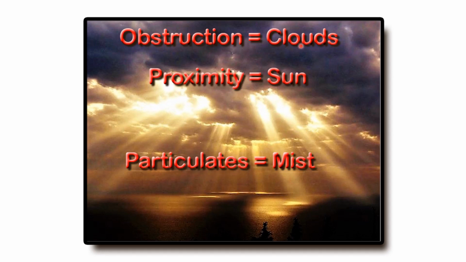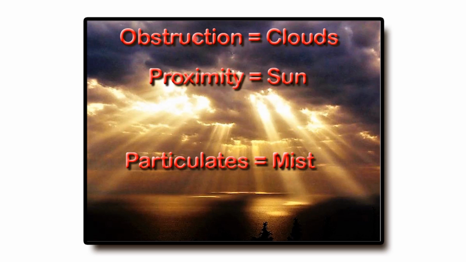So in this case, the obstruction will be clouds, the proximity would be the sun, and the particulates, in this case, we're going above water here, would be mist, all right, or fog, could be that too. Also, just to let you know, crepuscular rays do not only happen with stellar bodies like the sun and the moon.